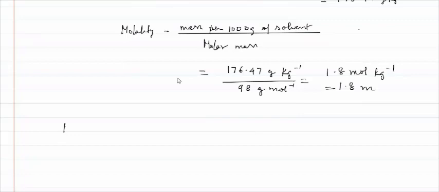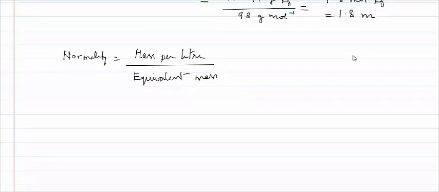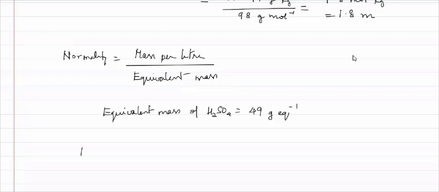Now normality is equal to mass per liter divided by equivalent mass. And equivalent mass of sulfuric acid is 49 grams per equivalent. And mass per liter we have already calculated.